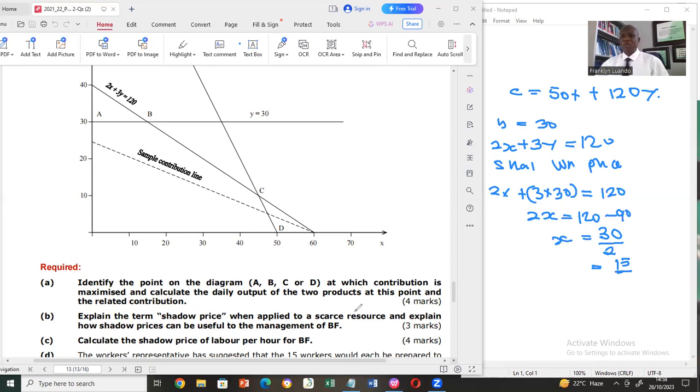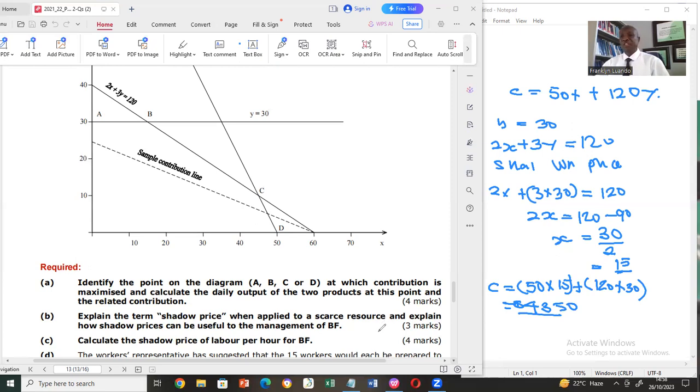So we have y equal to 30, x equal to 15. We can substitute: C is equal to 50 multiplied by 15 plus 120 multiplied by y, which is 30. The total here will be 4350. That will be the total contribution.